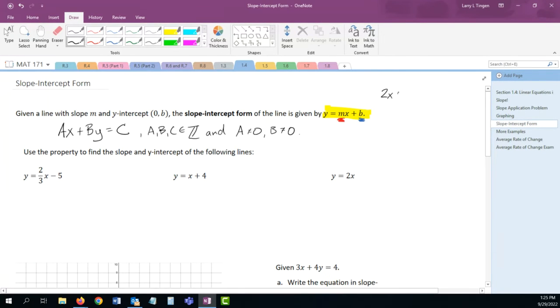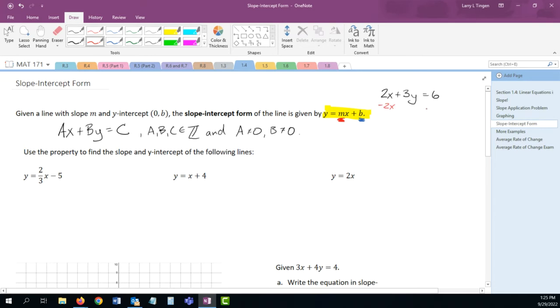So let me give you an example. If I give you 2x plus 3y equals 6, we just saw this one earlier. In this form, what's the slope, what's the y-intercept? I do not know. I don't know the slope and the intercept because they're not the coefficient of anything, they're just not given. If I want to find the slope, I'd have to get 2 points and then do the slope equation.